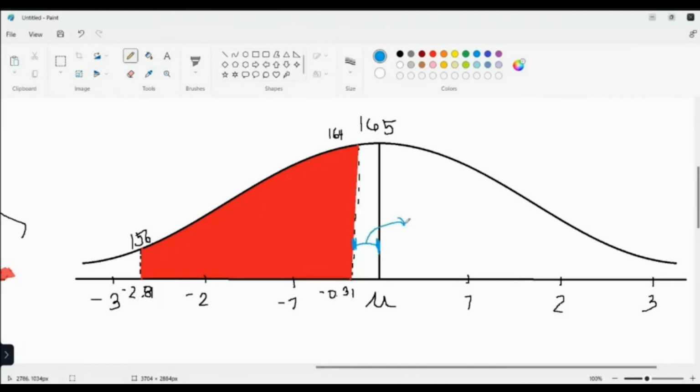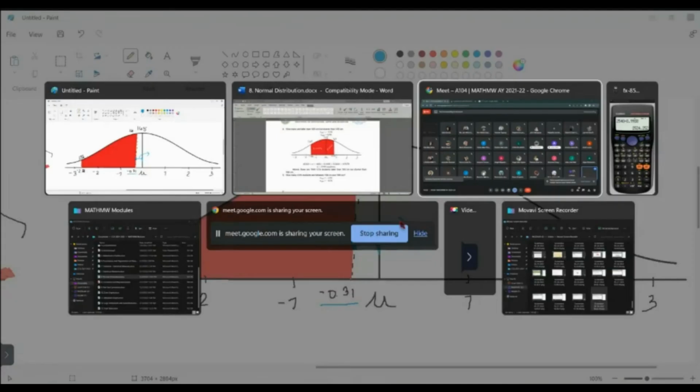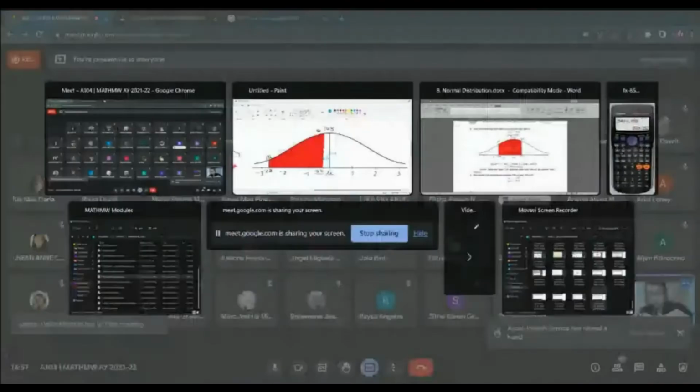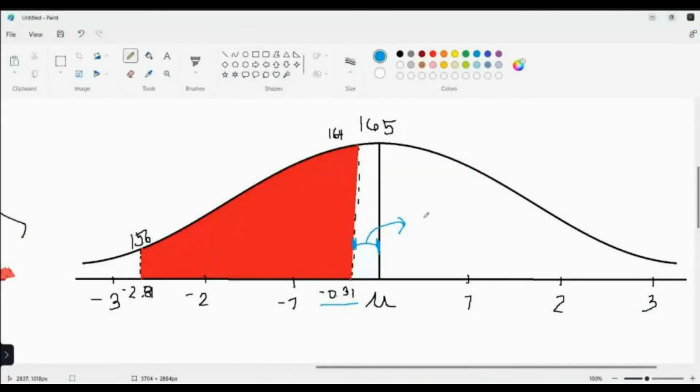Ano yung area nito? You'll use this z-score na 0.31. Using the table ha? Yung table natin. 0.31, 0.3, and 0.01. 0.1217 po. 1217. So this is the area from 164 to 165.